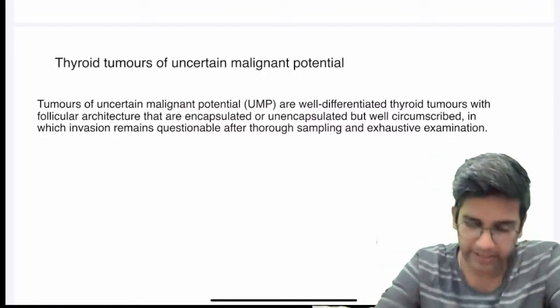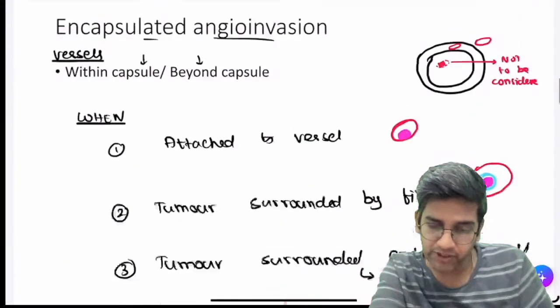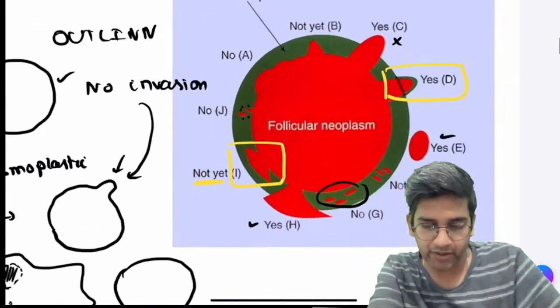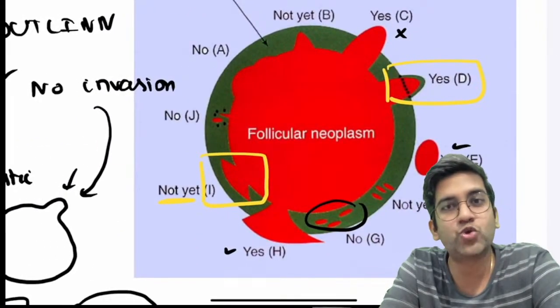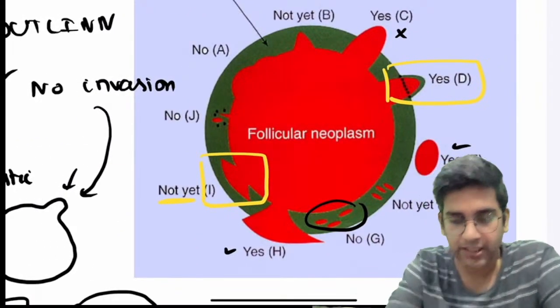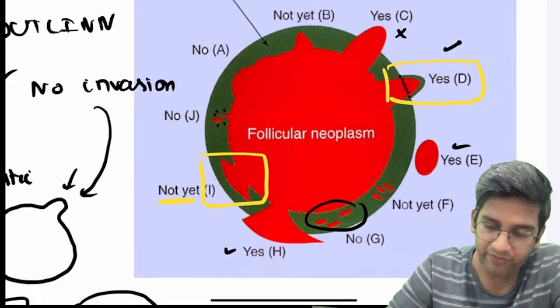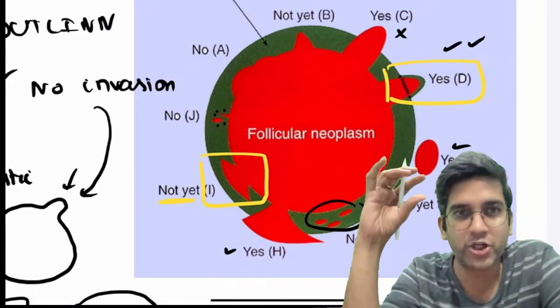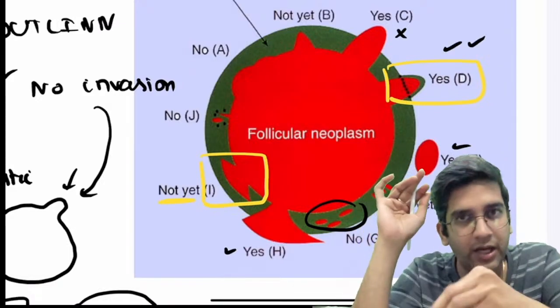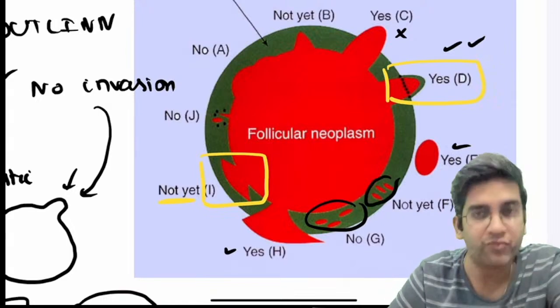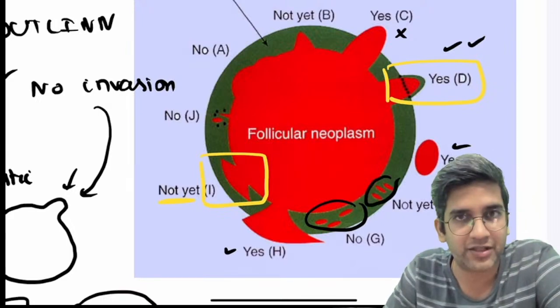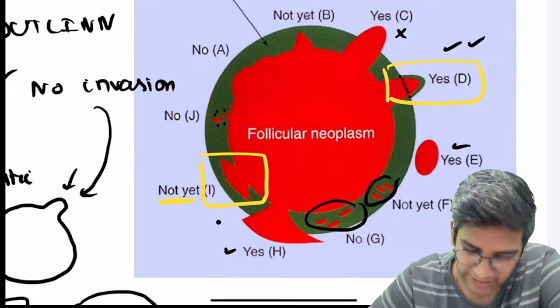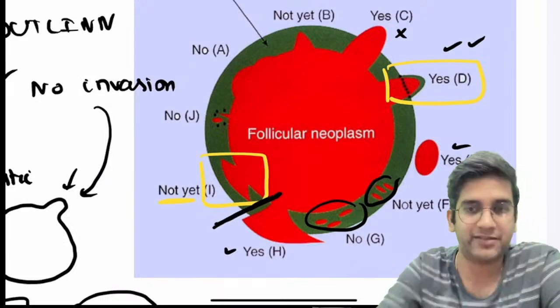What has happened is, I'll just go to the first follicular invasion here. This was the image which all of us were used to, right? The concern here is, the new WHO gave a very clear statement of what is invasion. It also gave a very clear statement of what is not an invasion. But it didn't give a clear statement of what is not yet.